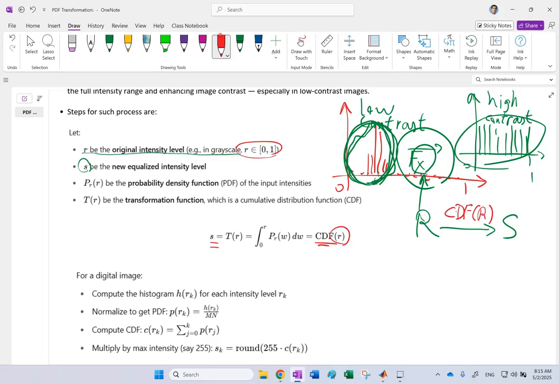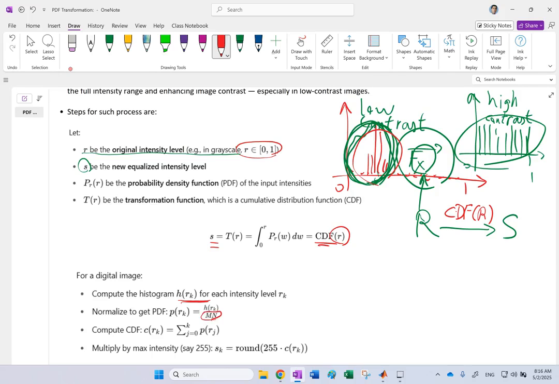Now, how would you form the CDF? First, you calculate the histogram of this original data. Here you have some histogram. Now, in order to convert this histogram to approximate a PDF, we have to normalize it. So we divide these histogram bars, the value of these bars, by m times n. What is m times n? The total number of pixels. So what does that do?